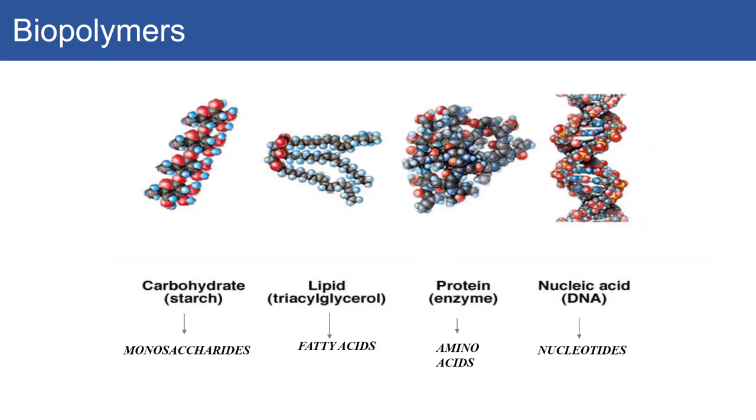There are four major classes of biopolymers: carbohydrates that are composed of monosaccharides. So those monosaccharides are linked together to form a long chain polysaccharide that are important in many biological functions. Lipids, where fatty acids are linked together on a polar head group. That lipid then interacts with other lipids, and has a very important structural function in things like membranes.